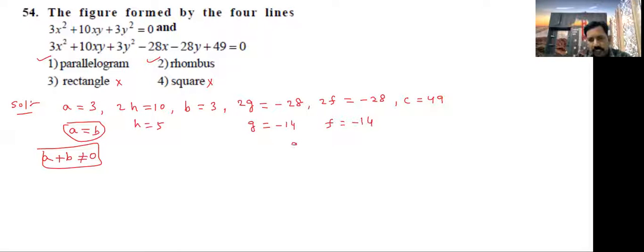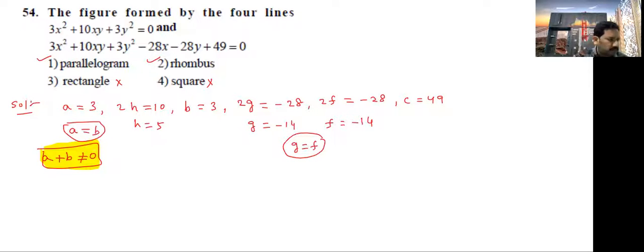Here g and f values are equal. a = b, g = f. So one condition is satisfied, that is a + b is not equal to 0. By observing that, two options are eliminated, 1 and 2. Out of these two, which is correct?